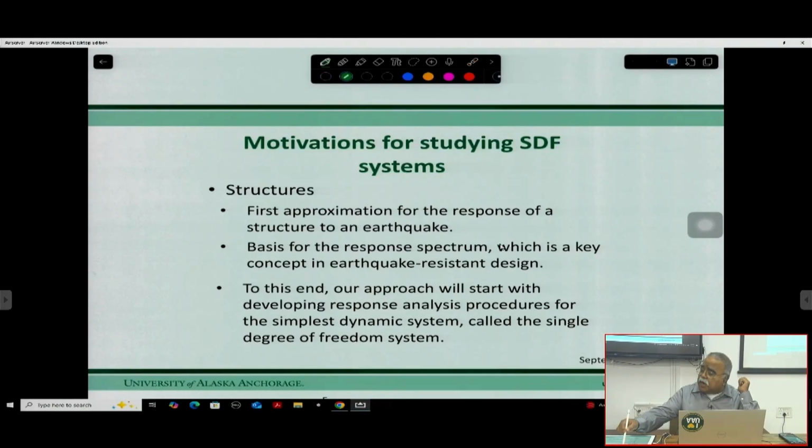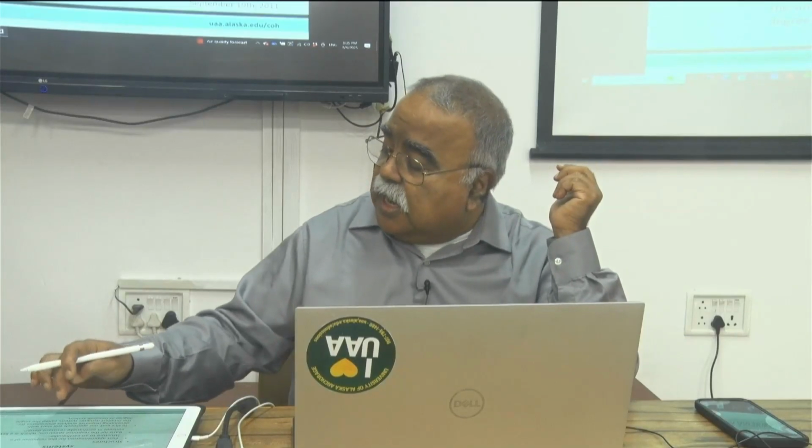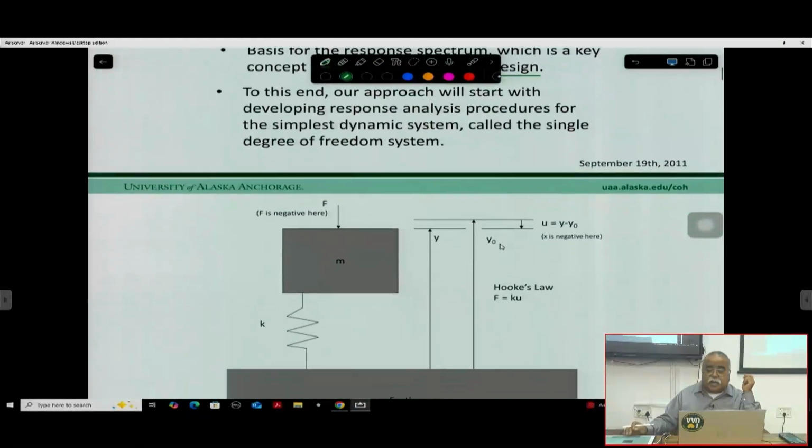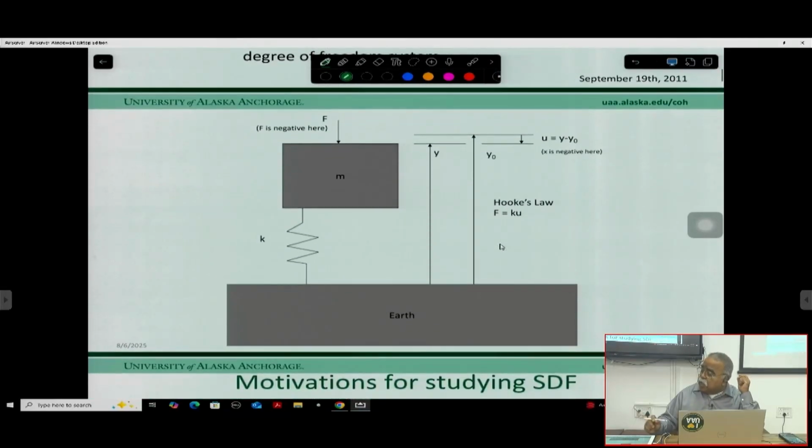All our earthquake resistance design, and also the prediction equations we currently use for earthquake hazard, are based on response spectra analysis, right? Therefore, this response spectra calculation is one of the important things for our structural response analysis.